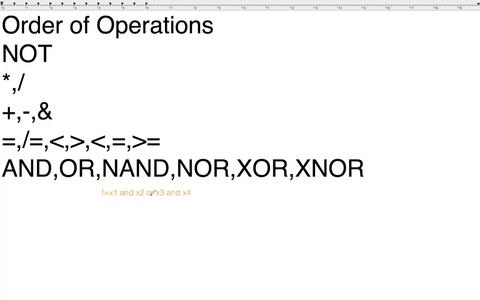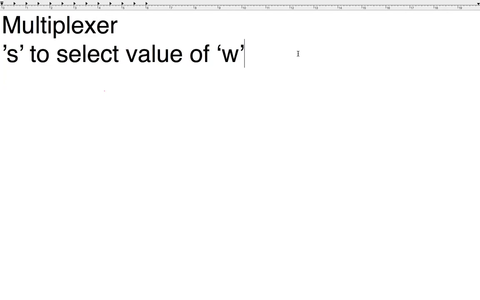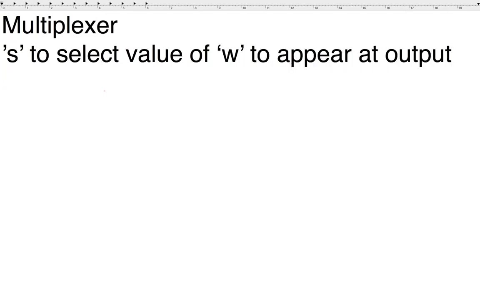Okay, so now that we talked about that, let's talk about the multiplexer. So let's clear this all up. A multiplexer has an S to select the value of W to appear at the output.